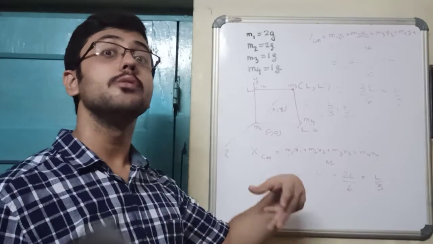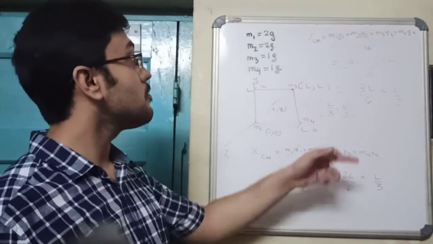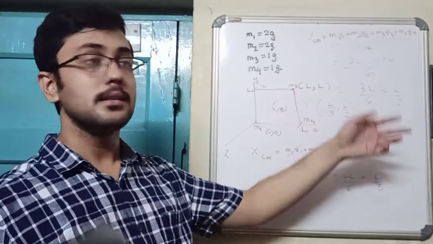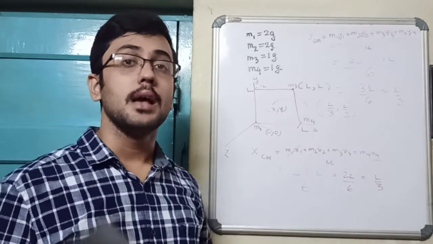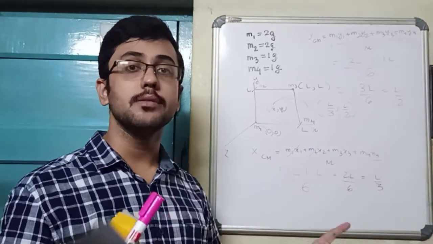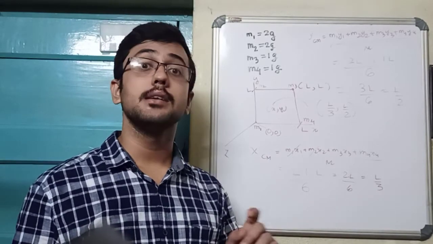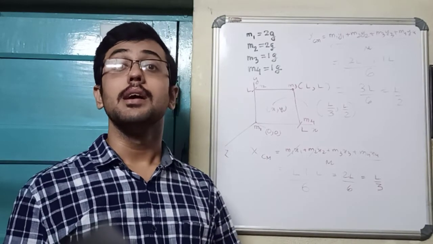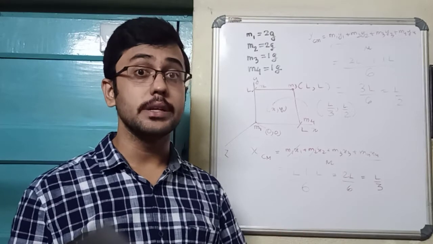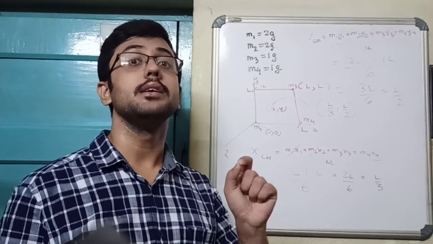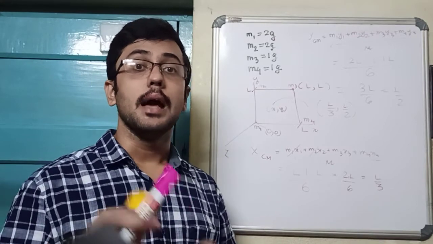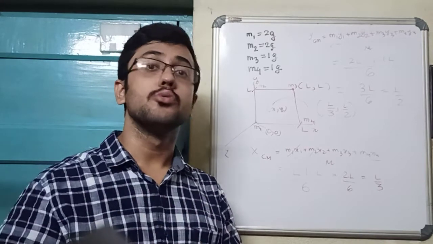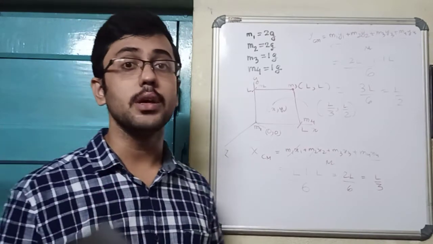But if they had told me a cube, then similarly I would have found out z center of mass, and this would be a three-dimensional coordinate giving me some point in space. You can find it out separately for each of the coordinate directions, as I had said previously as well, when you calculate momentum conservation equations, that you can treat each coordinate direction as an independent one, as if it does not depend on the other two coordinate systems. That is the way you can find it out.